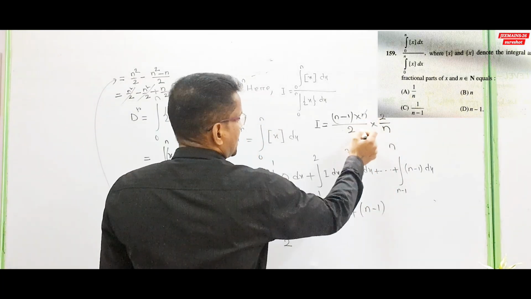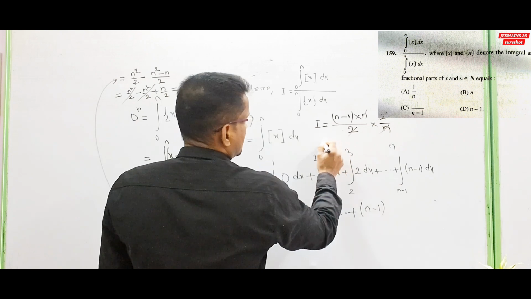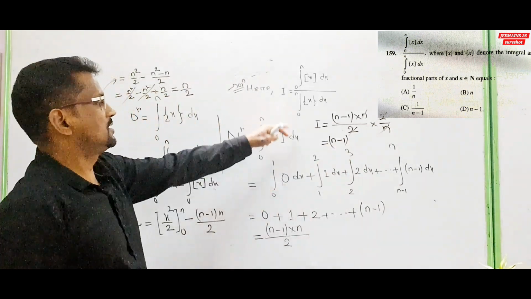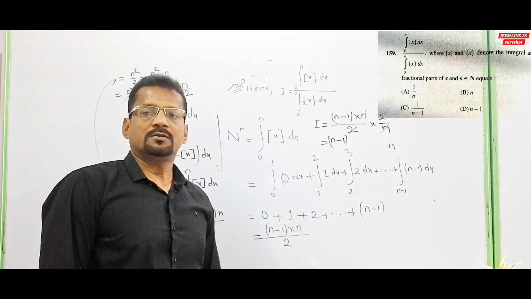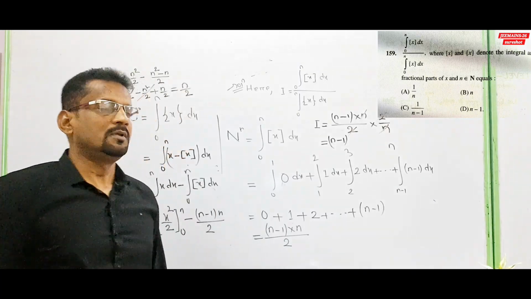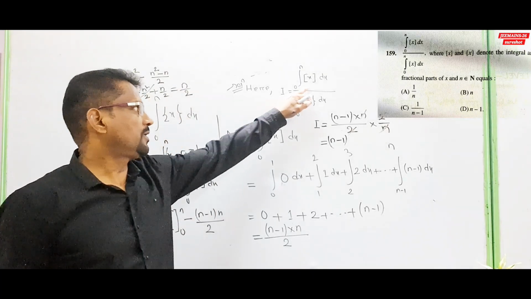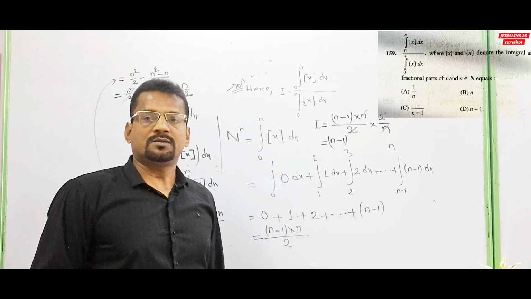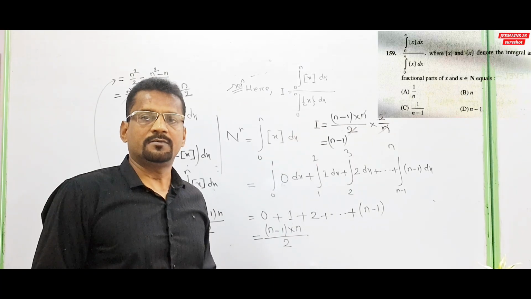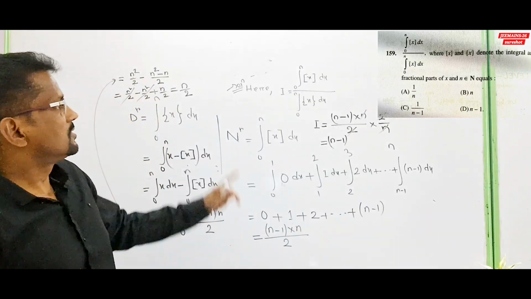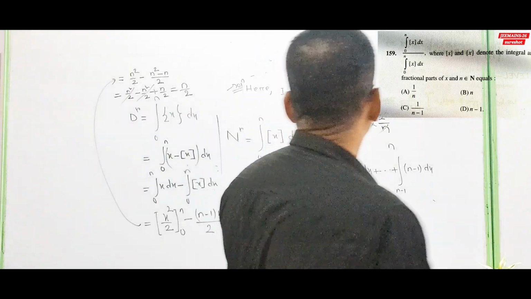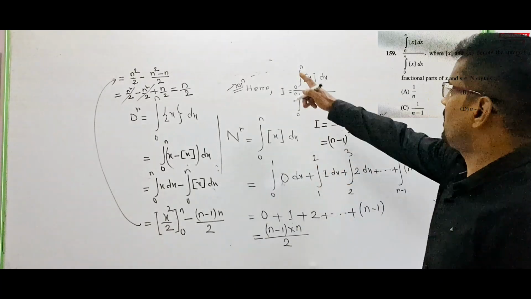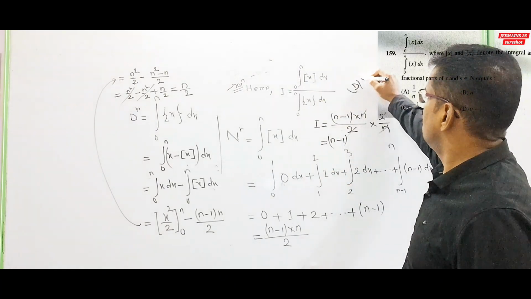Therefore n cancels out, 2 cancels out. The answer is n minus 1. The value of this integral is n minus 1. By solving this problem, you understood how to find the integral of the fractional part of x. Everything is clear. Now look at the options: which option matches n minus 1? That option is here. D is the correct option.